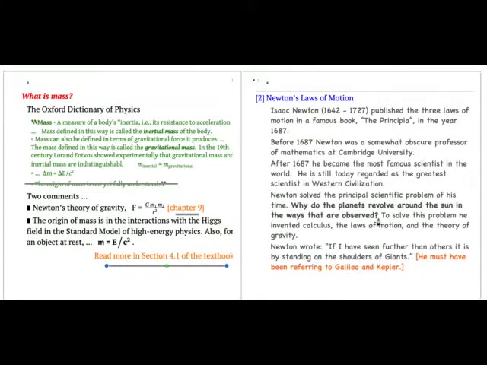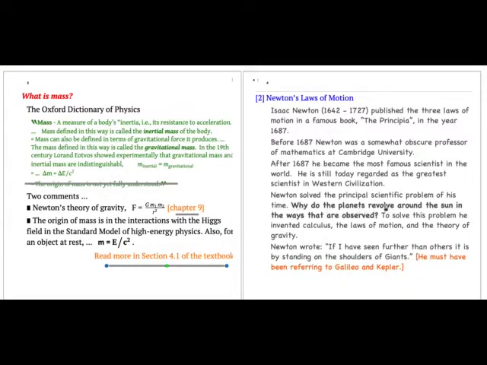All the planets, including the Earth, revolve around the sun. That was the Copernican theory, proven by Kepler and Galileo, who lived a bit before Newton.